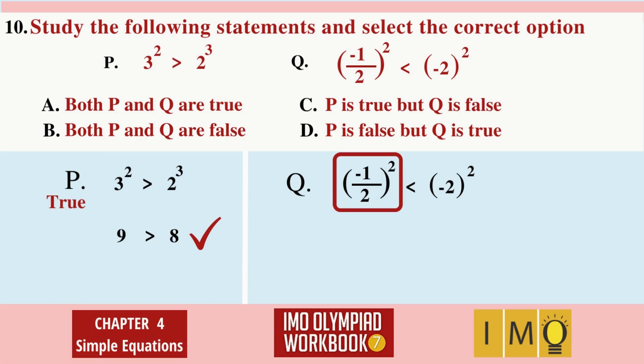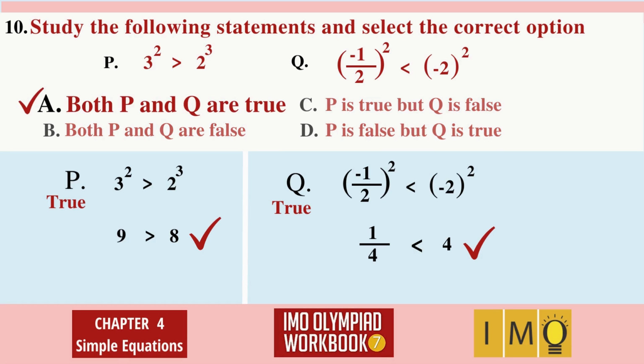So minus 1 by 2 the whole square is positive 1 by 4 and minus 2 the whole square becomes positive 4. So now our statement simplifies to 1 by 4 is less than 4, which is again true. Since both P and Q are true, the right option is option A.